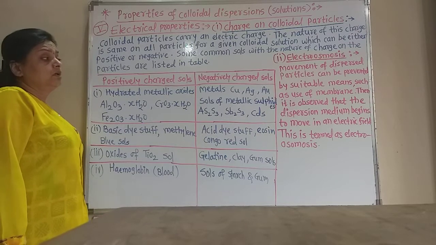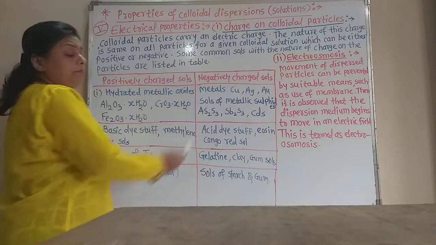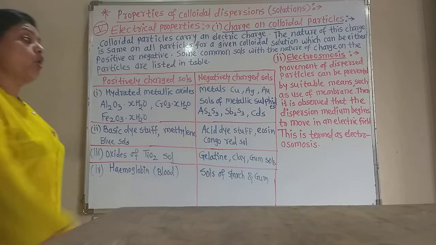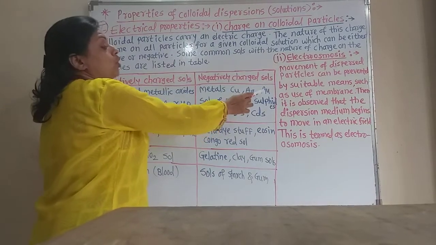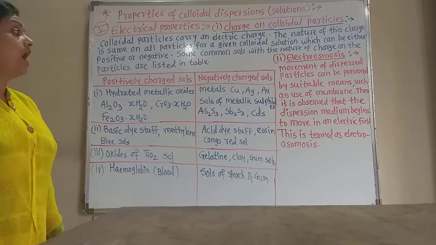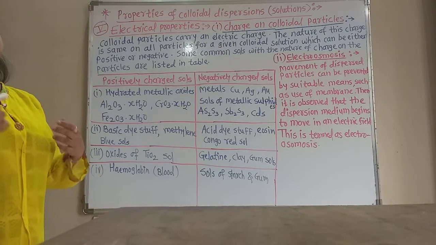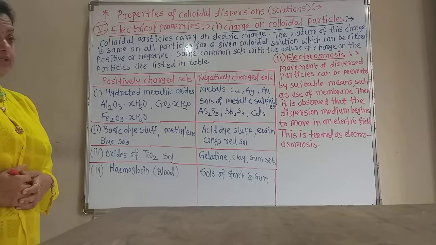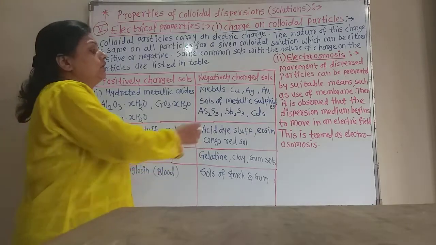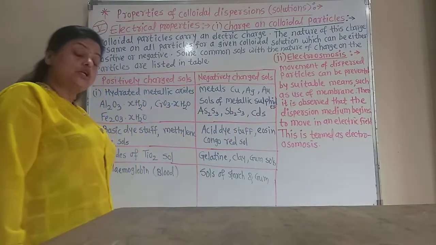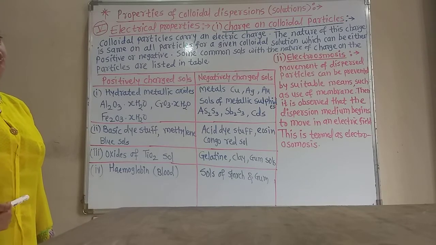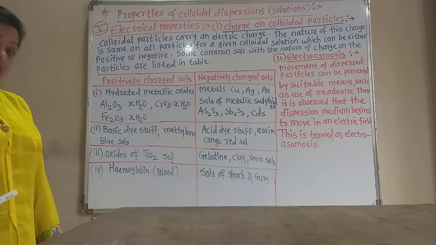Again, only the metal salts such as the copper, silver or gold metal salts carry the negative charge in their dispersed phase particles. Also, the metallic sulfide salts have the negative charge in their particles.